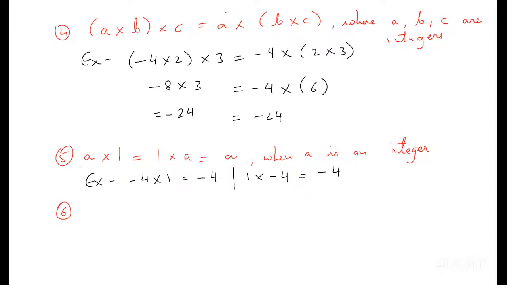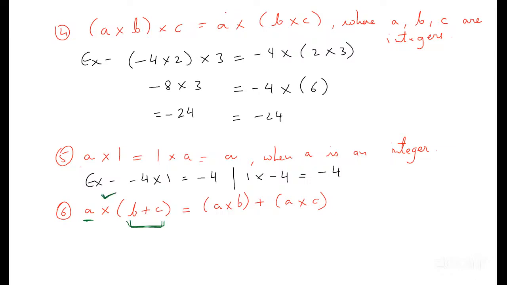Next property. When you have multiplication and addition together, when you have to multiply two integers that are in addition inside the bracket, and there is a number outside the bracket, and in between them there is a multiplication sign.